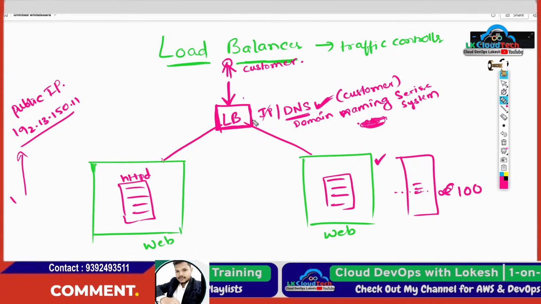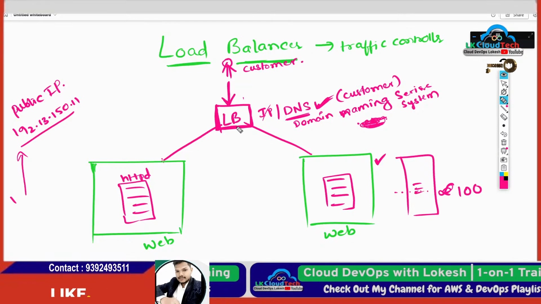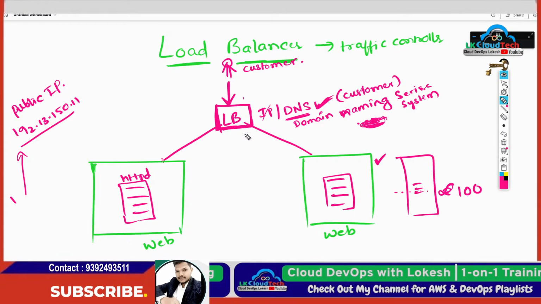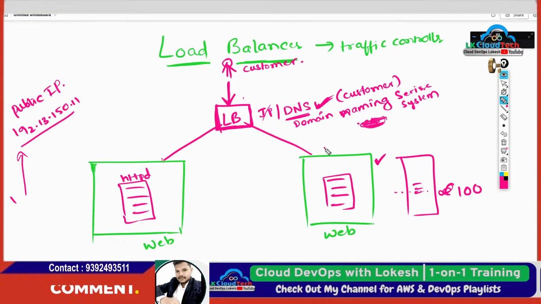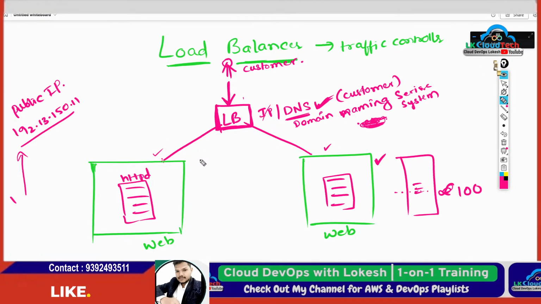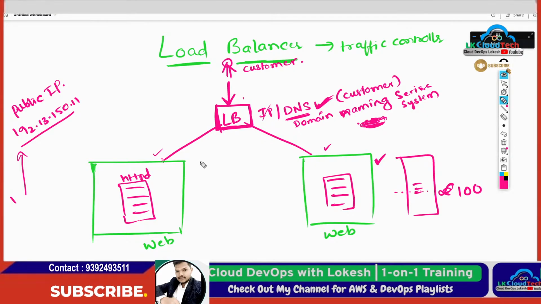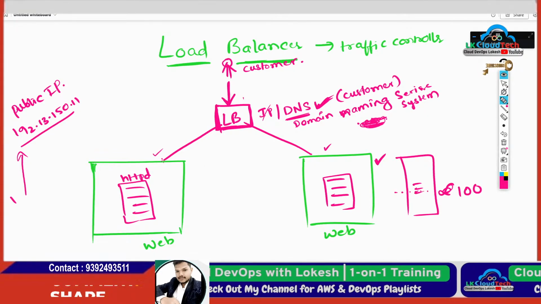The load balancer checks whether the servers are healthy or not. That is the duty of the load balancer. It forwards the request to one of the healthy servers, whichever is available. It distributes the traffic evenly across all the servers. Please keep these points in mind.